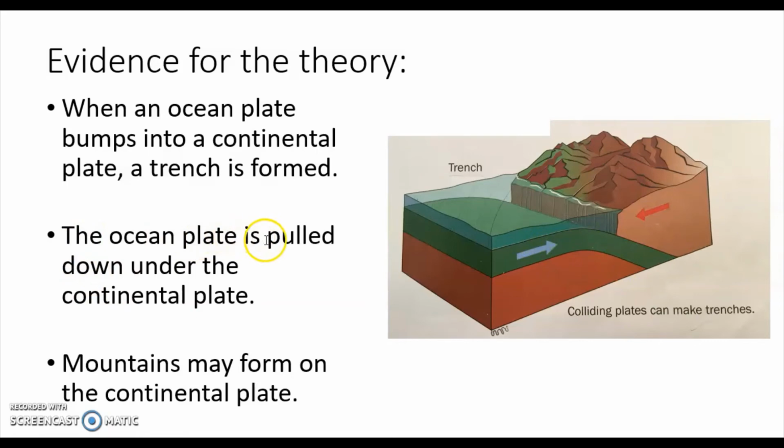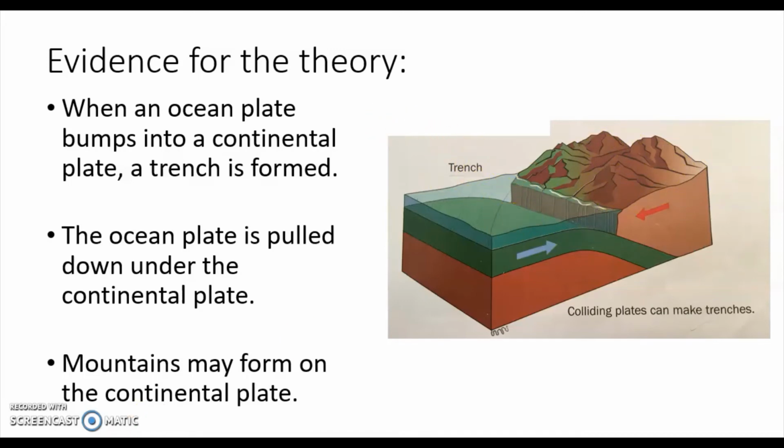The ocean plate is pulled down under the continental plate. Then you got this like very deep part. This is called a trench, right? So this is called a trench, and mountains may form on the continental plate. So they bumped. We're going to have a trench. This one went under the continental plate. We have a trench, and we also might have mountains, but we definitely have a trench.